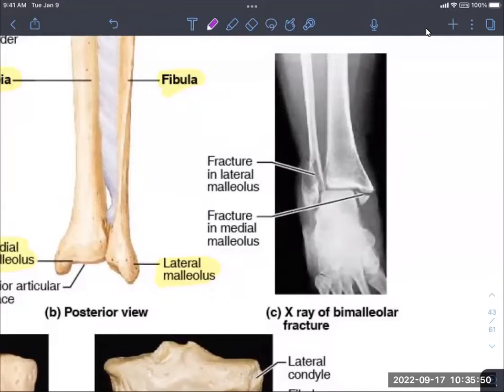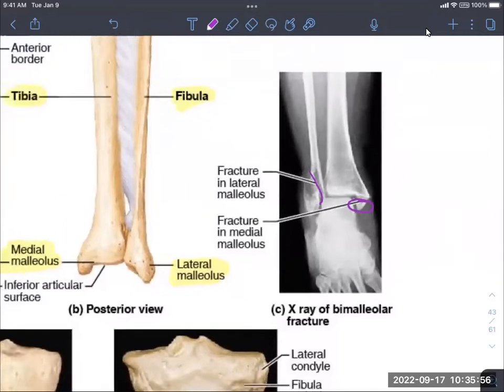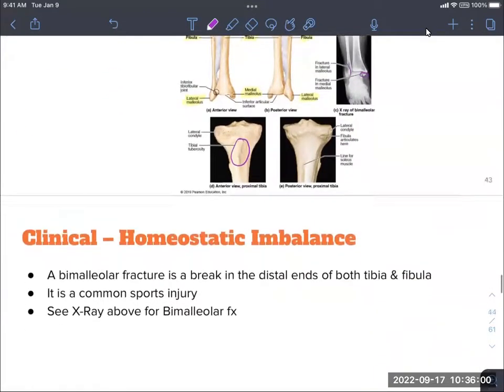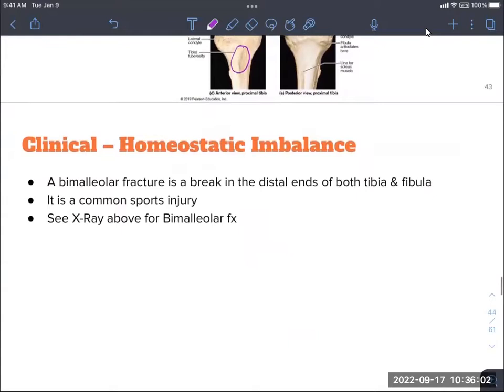So you can see fracture, fracture. That's pretty painful, but it does happen. So here's some information about it. It's kind of a common fracture in sports. So it happens at the distal end of the tibia and the fibula.